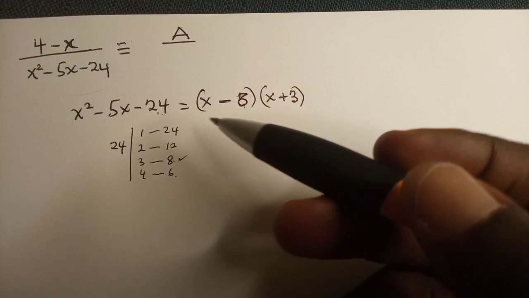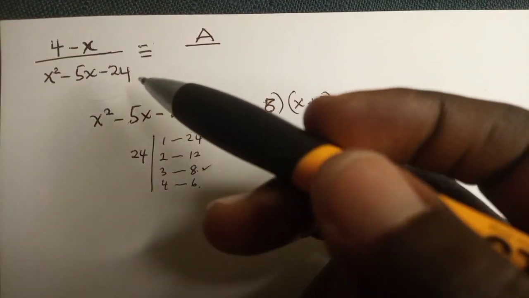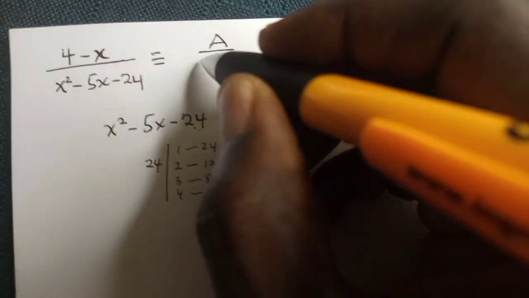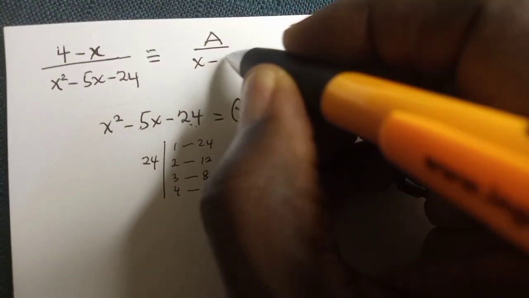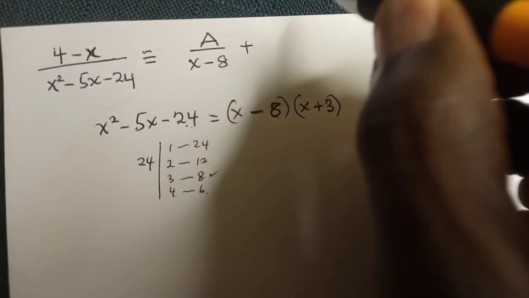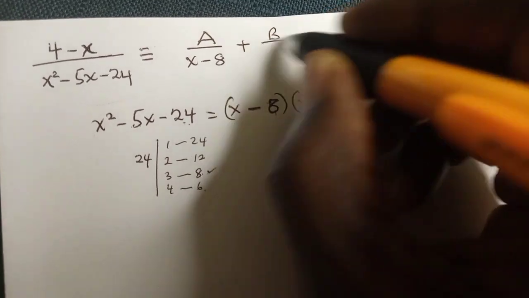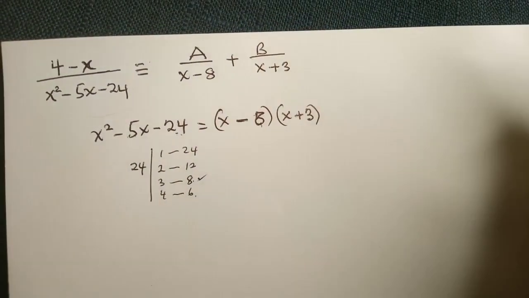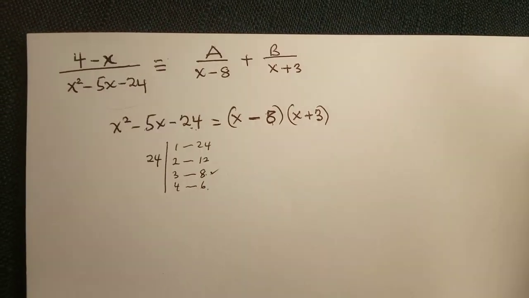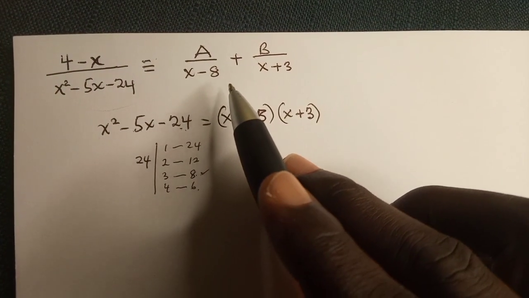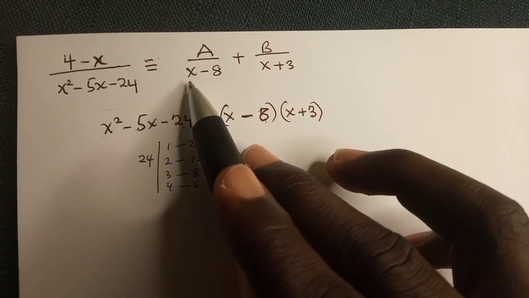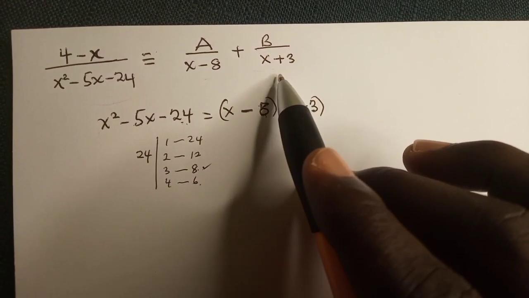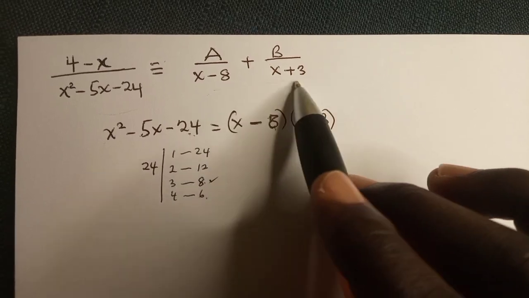Then you put these values here. We can now split our fraction: A over x minus 8, plus B over x plus 3. With this we can simplify by finding the LCM.